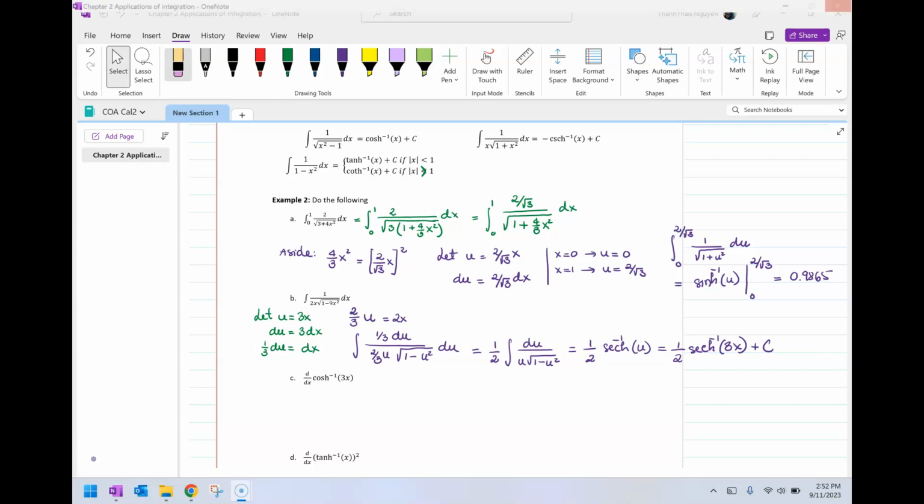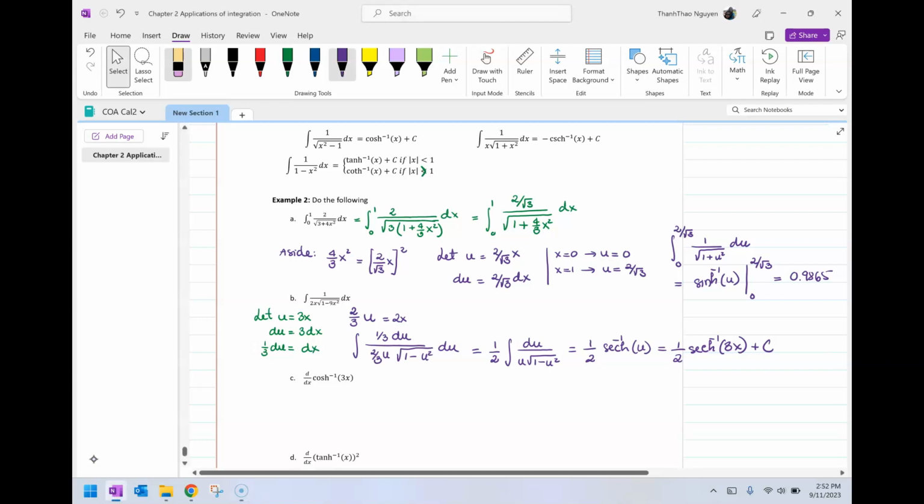The next thing, we want to take the derivative of the hyperbolic cosine inverse of 3x. The derivative of it is equal to one over the square root of (3x) squared minus 1, and then we have to take the derivative of 3x, that is 3.